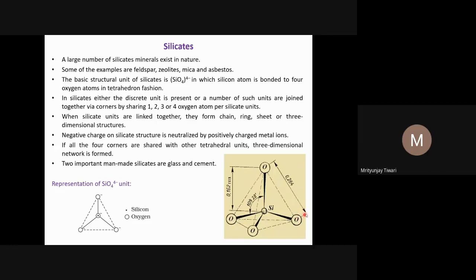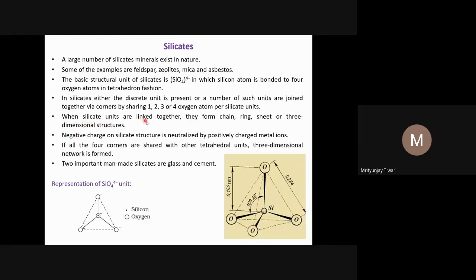If two tetrahedral units form here, then three, and one can see four tetrahedral units are also associated to all four oxygen atoms, and thus we see the three-dimensional structure of the silicate as well. If all four oxygen atoms are attached to four different tetrahedral units throughout the entire crystal, with such repetition it forms a three-dimensional structure.